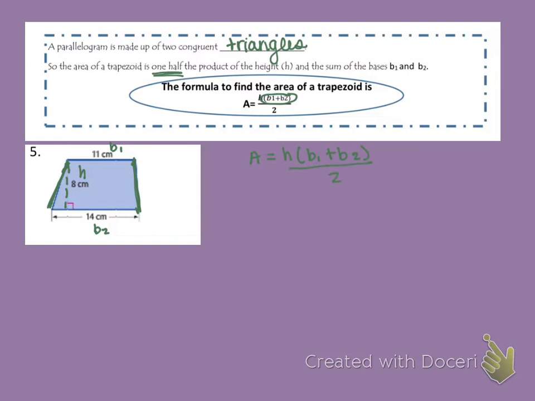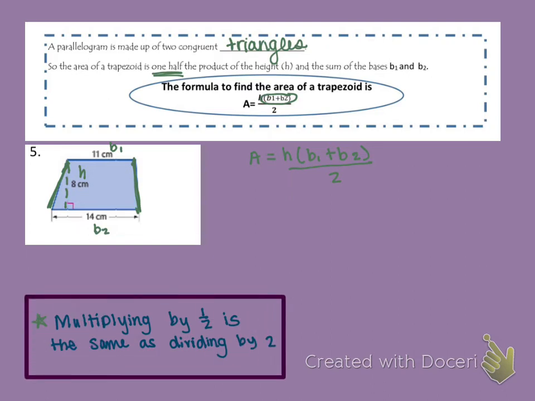Side note, you can write this on the back or whatnot: multiplying by 1/2 is the same as dividing by 2. This is super important to know for trapezoids and for triangles, which we're going to do next.